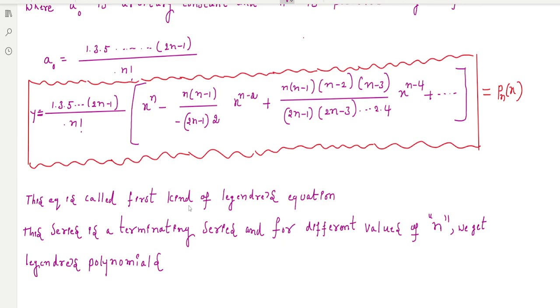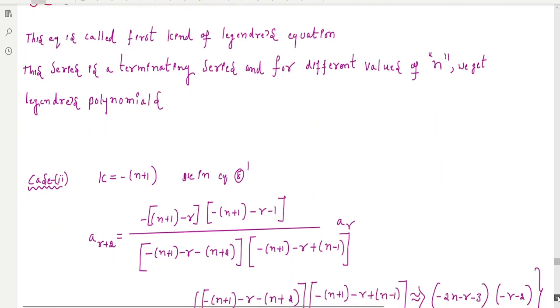This is called the first kind of Lagrangian equation. This series is a terminating series, and for different values of n, we'll get different polynomial values. So this is a special kind of Lagrangian polynomial of the first kind, which is denoted by Pn of x. If you remember these formulas, this is a very important formula for CSIR NET examination, even the JAM exam also. Okay.